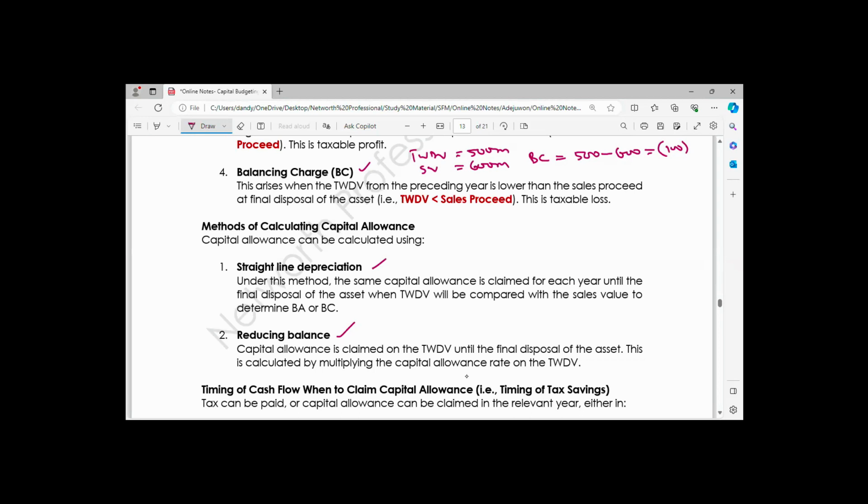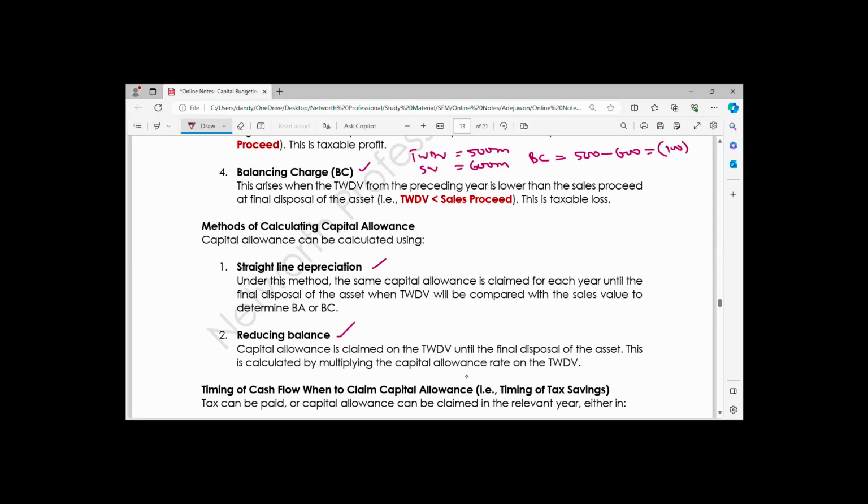I repeat, if you are using straight line depreciation method to determine your capital allowance, it is the same amount you are going to have from the first year up until the final disposal of the assets, when you are going to consider the difference between the tax written down value and the sales proceeds, whether you are going to have balancing charge or balancing allowance.